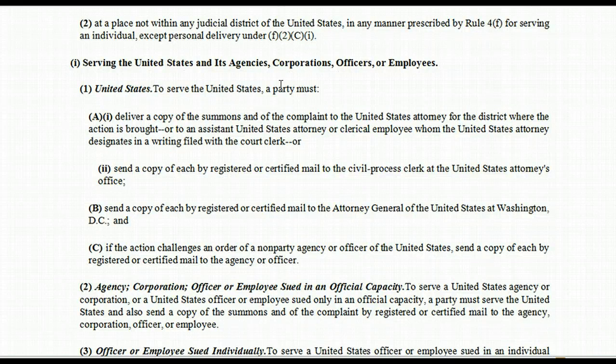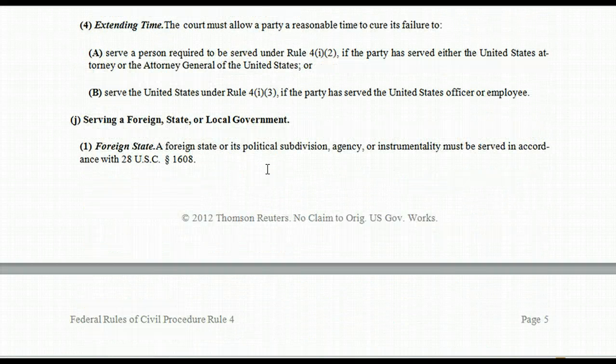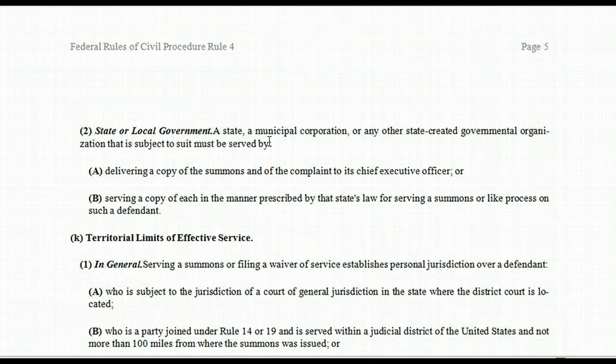Serving the United States, that goes on. Here is finally what's involved in this case, 4(j), serving a foreign, state, or local government, and in particular the defendant here is a local government, so it's subject to 4(j)(2).